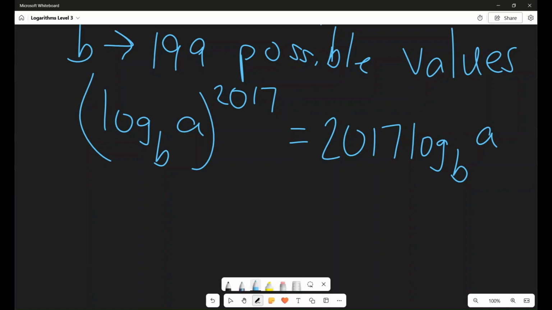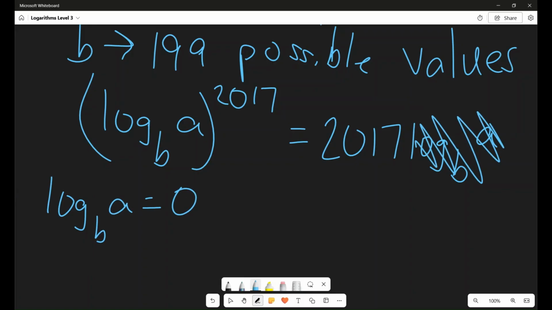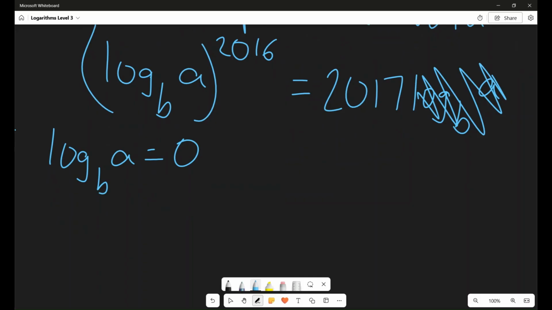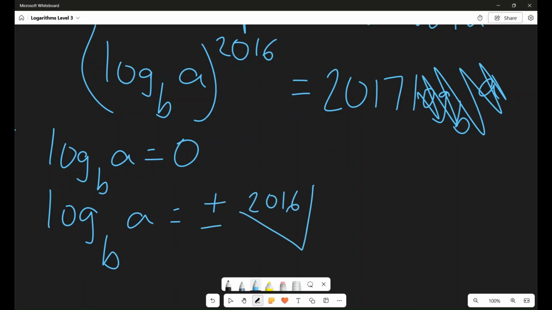Now, we have to be careful about the possibility when it's equal to 0, but unless that's true, we can divide by log base b of a. Now, solving this new equation gives us two more cases. Log base b of a can be equal to plus or minus the 2016th root of 2017.